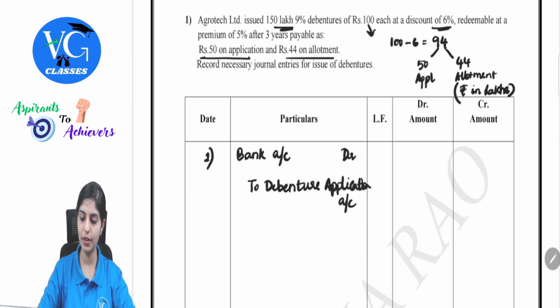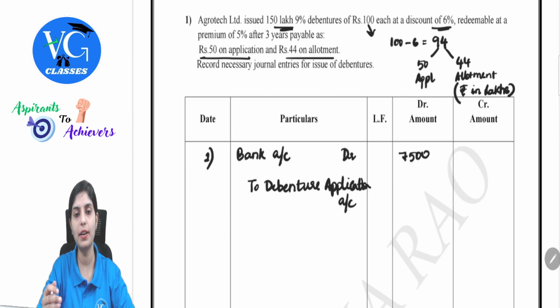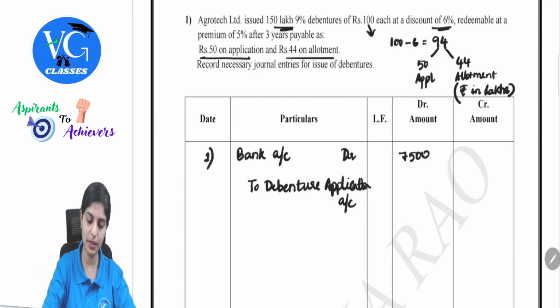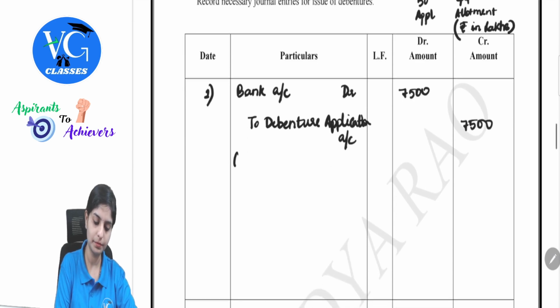Number of debentures is 150 lakh into 50 rupees, 7,500. This is actually 7,500 lakh. Since we have already expressed in lakh, I can just write 7,500. Being debenture application money received.